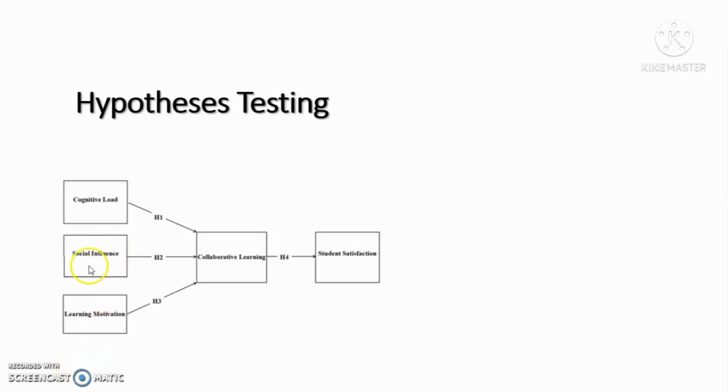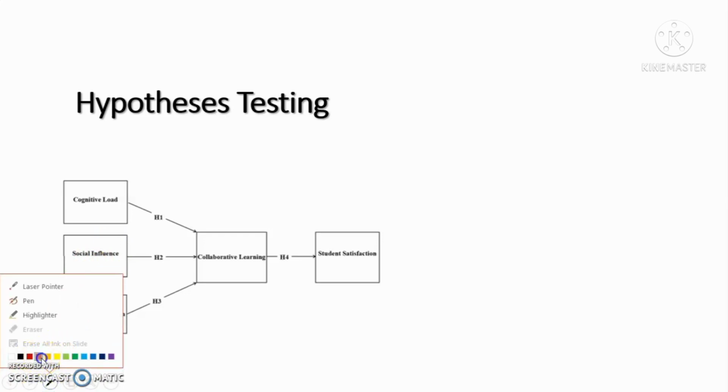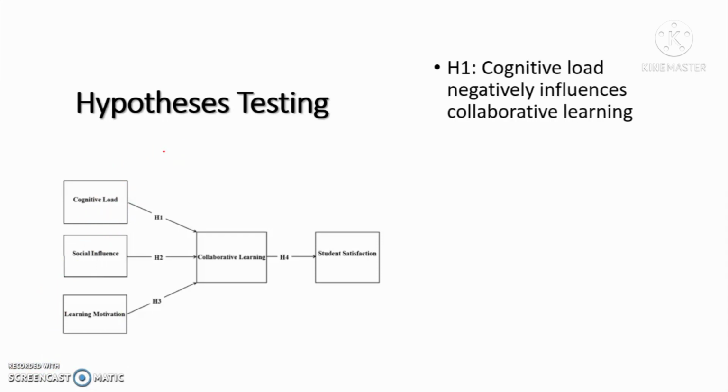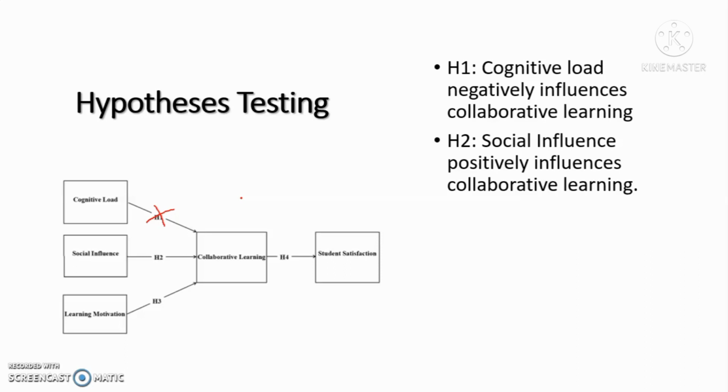Now, to conclude, let's see again the hypothesis testing. First hypothesis, cognitive load negatively influences collaborative learning. So this hypothesis was rejected. And then the second hypothesis, social influence positively influences collaborative learning, accepted.